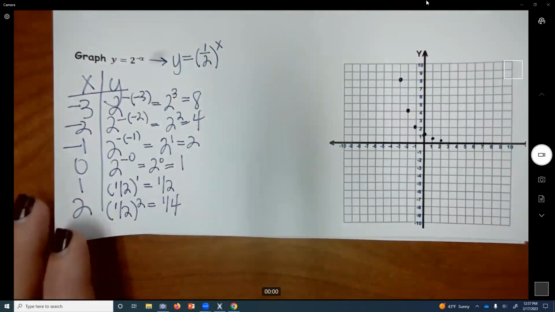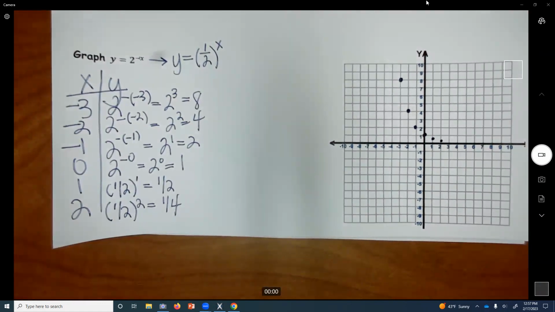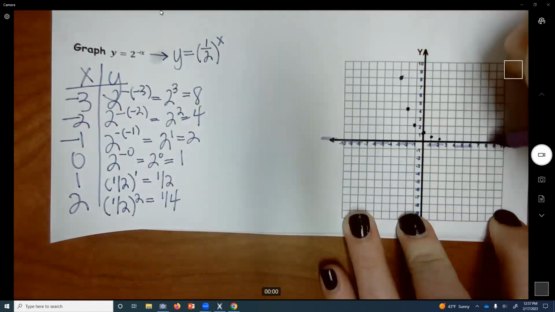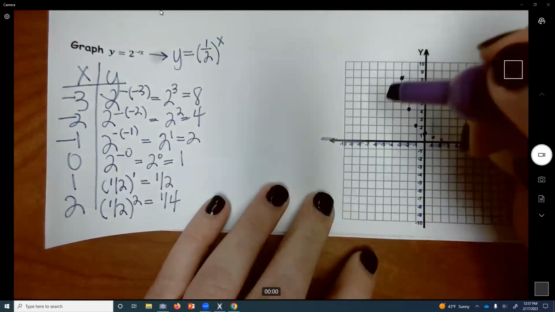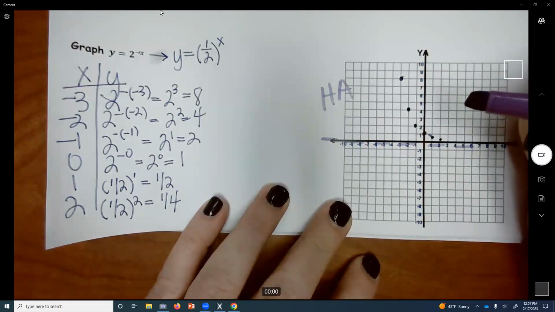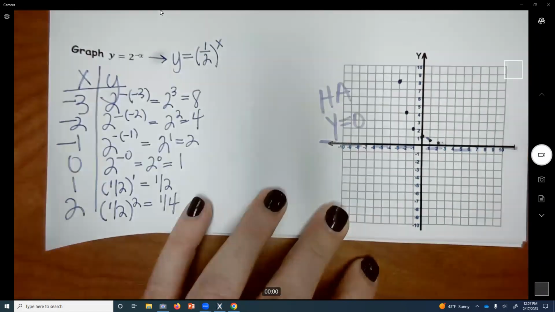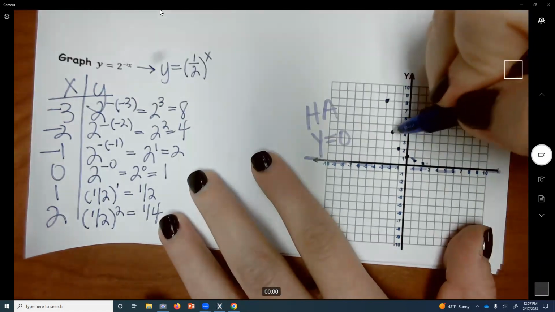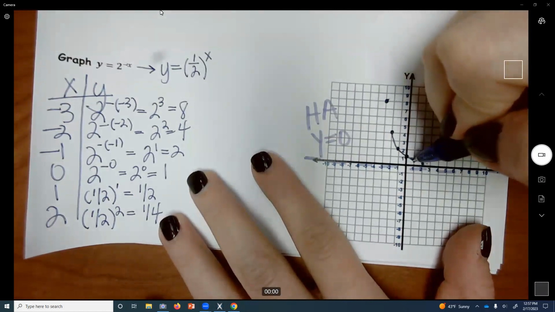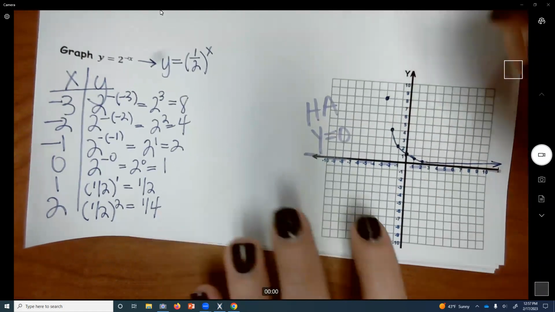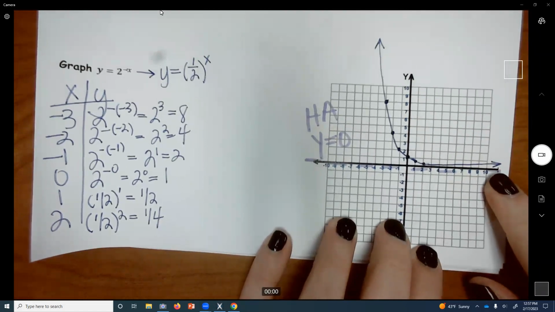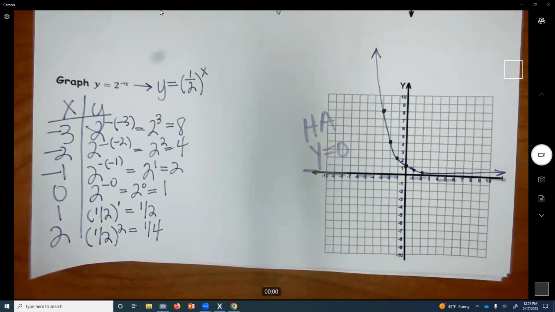You're getting closer and closer and closer, but you are never going to be touching this x-axis here. So we have another horizontal asymptote at y equals 0. So when I connect my dots, I will not cross that x-axis. Now again, of course, it looks like this is getting higher, but it's not really the case. It's just I can't draw it accurately.